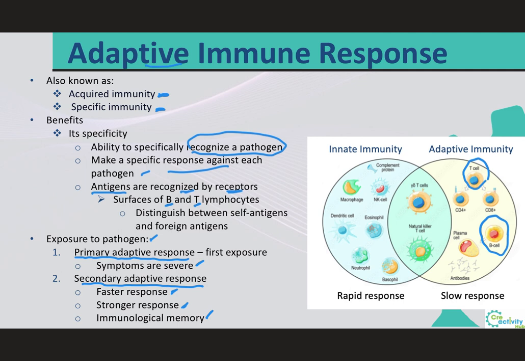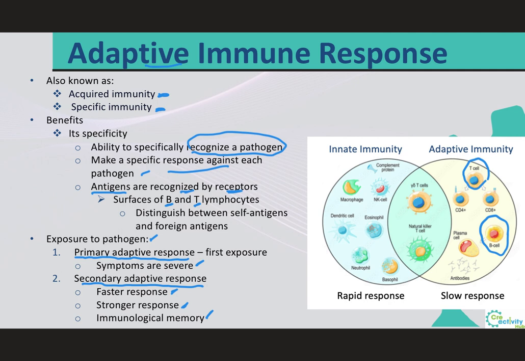And you can do this by letting children play in the dirt, for example, by interacting with other kids, by attending daycare. Definitely attending daycare will make them get sick a lot. And the more exposure they get, the better they are at building their immune system response to pathogens. Of course, this can only occur in individuals that are not immunocompromised.